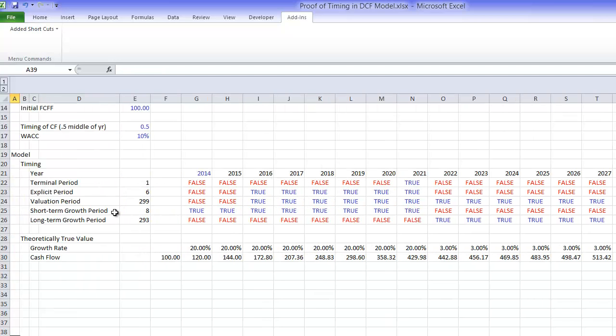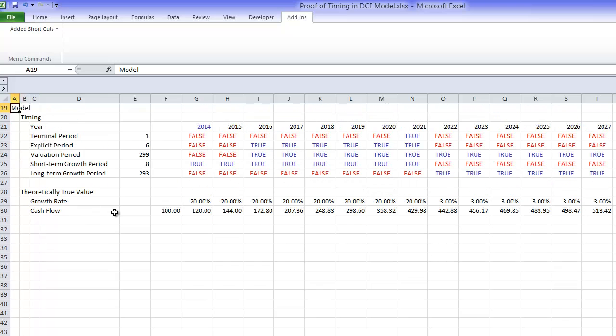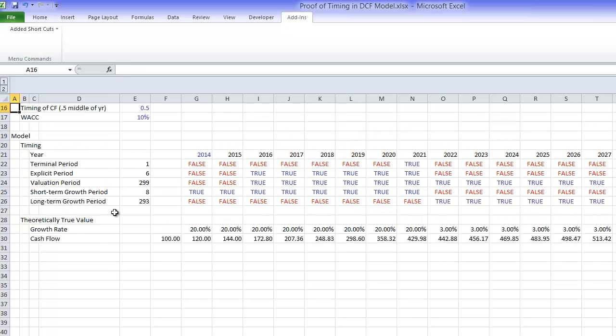Getting a bit philosophical about this whole thing, we're trying to model an entity that never dies. No such thing. But we're trying to model an indefinite period. This is the whole problem. This is the reason terminal value is such a big problem.